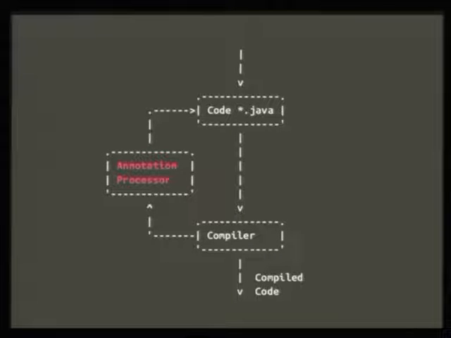And again, you get some code. So this is the basic idea of what an annotation processor is, and I think that if you didn't get it from this, there will be a lot of examples to understand very easily.